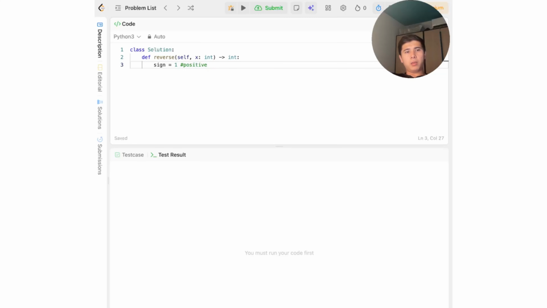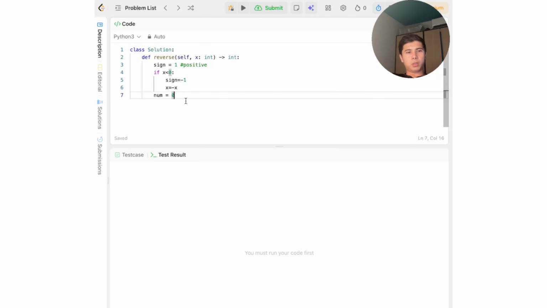And if the input is negative, if our input x becomes less than 0, the sign equals -1, and then x also becomes the negative version, and our number equals 0 as given in the problem.